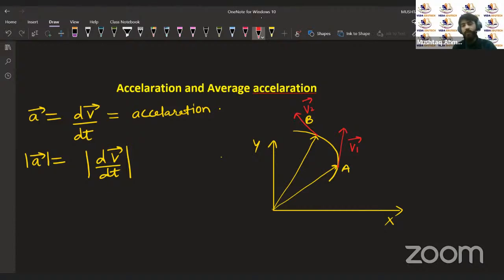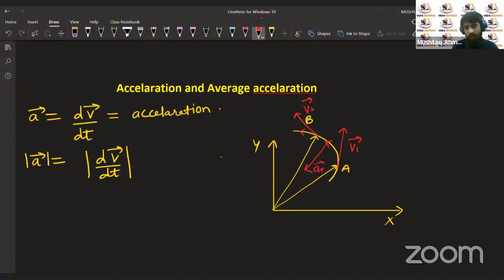So in general, we can say that there are always two components of acceleration here. One can change the speed of this particle, and the second can change the direction of this particle. We can see that the particle is continuously bending like this. So there must be a component of acceleration which will be changing the direction of this particle, right? Let me call this radial AR.